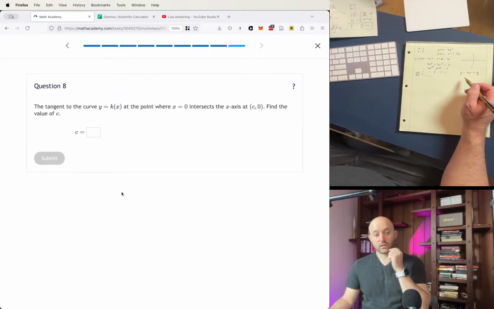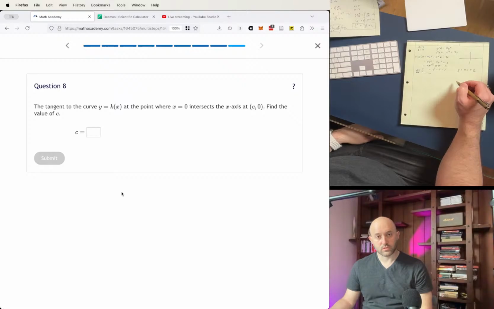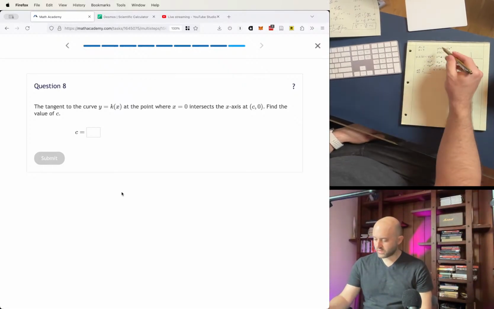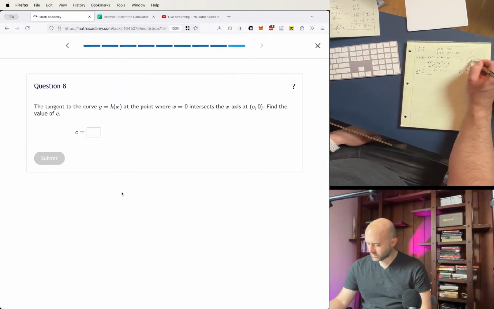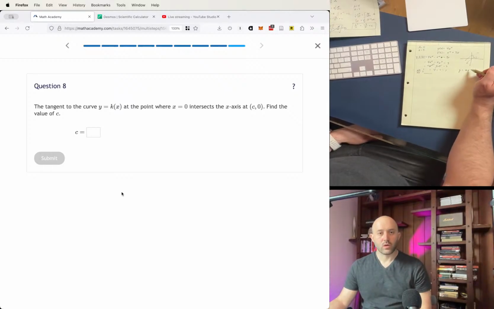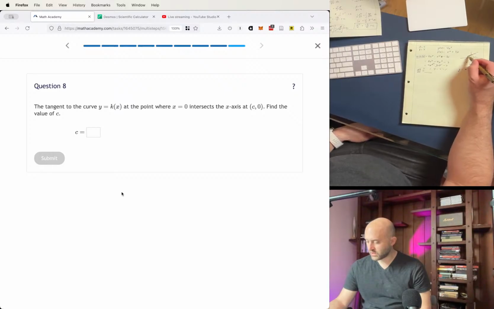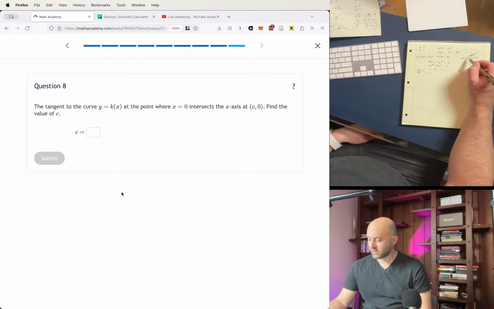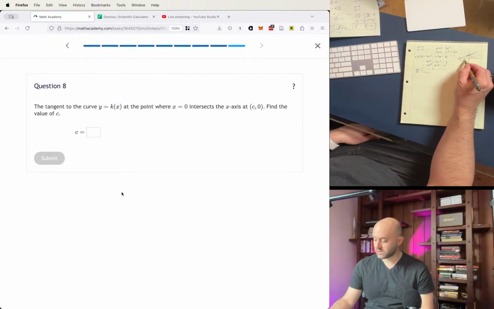So there's some curve here. It goes around somewhere. When x equals 0, there's a tangent to the curve at the point where x equals 0. Along this line, there's some tangent, and the intersection of that line with the x-axis is at the point c, comma 0.